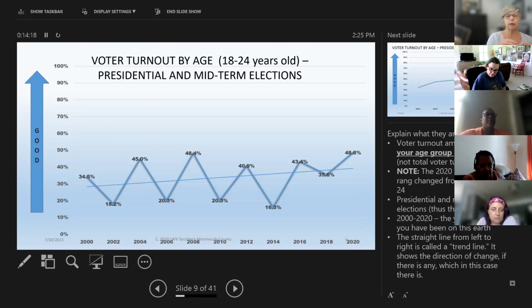Okay. And sometimes the kids will pick out, and I love this, they'll say, look at this. In 2008, it was 48.4% that turned out for the presidential election. And in 2020, it was 48.8%. And I'll say to them all, why do you think that's the case? And very often they'll say, oh, I know who was being elected in 2008.